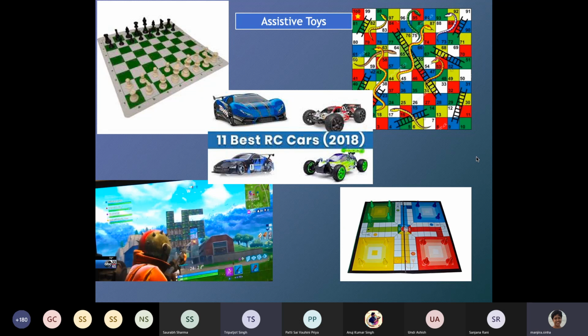So there is a need, because persons with disability are also equally eager to play games like us. Then the remote control cars, we have the robotics club, right? In the DIY labs we do many things using remote control cars, using Arduino or Raspberry Pi, and writing code on that. So can these remote operated cars be made accessible, for example for children with cerebral palsy?